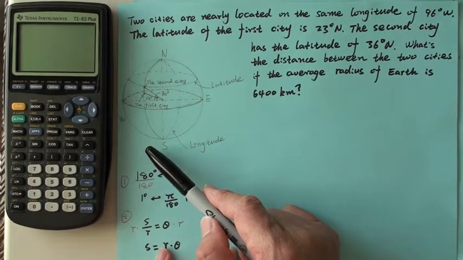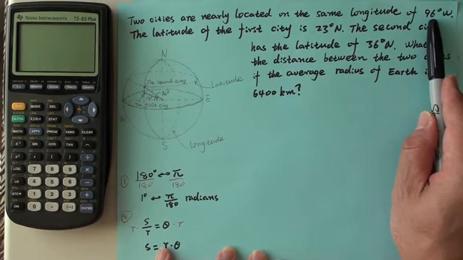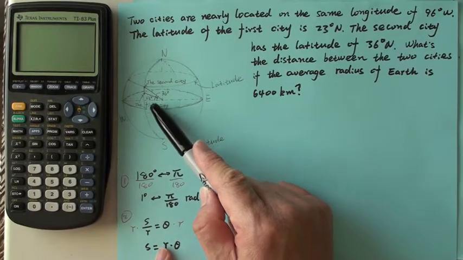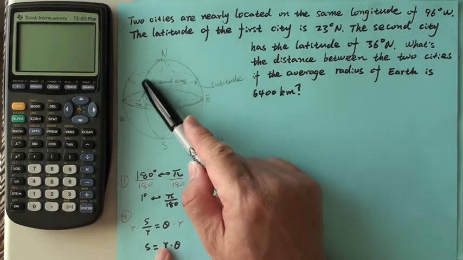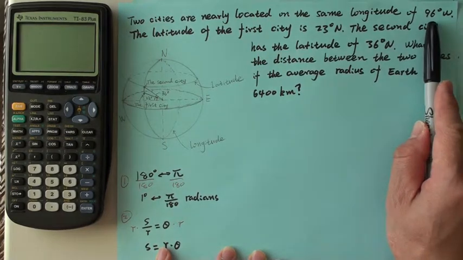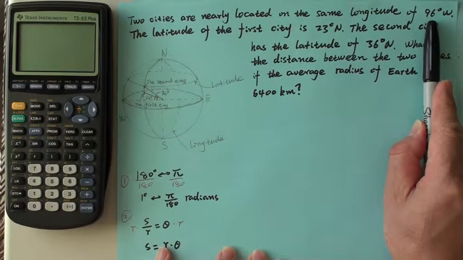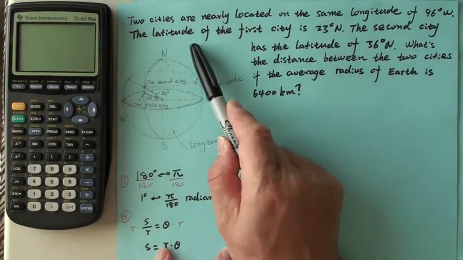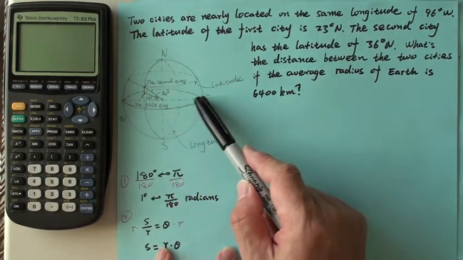Okay, this 96 basically tells us that those two cities A and B are on the same longitude. We will not use 96. Okay. Then the latitude means what? Means the horizontal one.